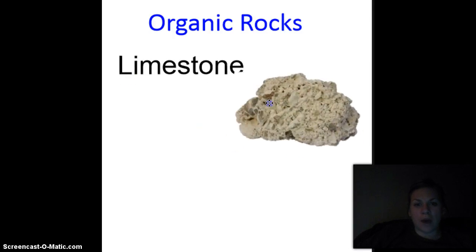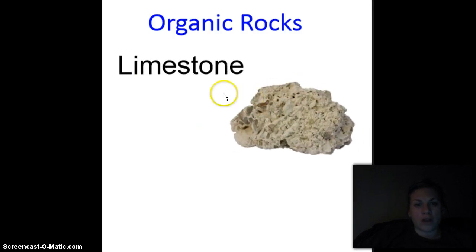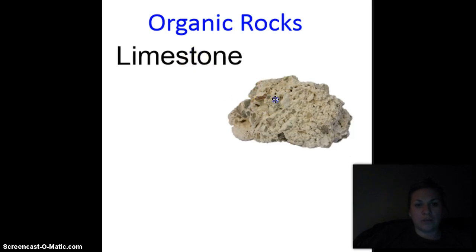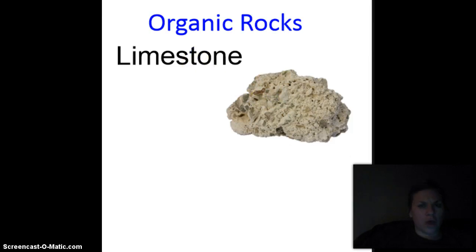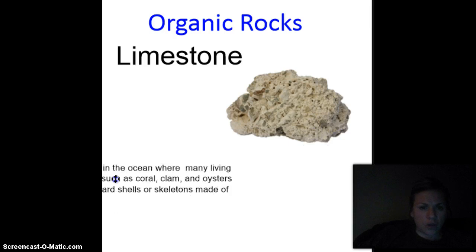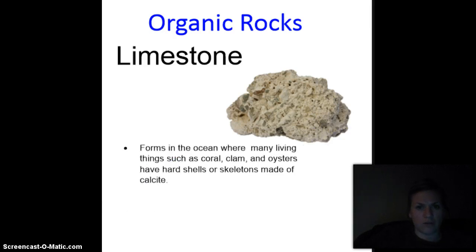Limestone is a really popular rock that is actually found in Kansas and Missouri. Now, how could that be? Because if you look at the definition of limestone and where it's found, it says that it forms in an ocean where many living things such as coral, clams, and oysters, that have hard shells or skeletons, are made of calcite. So they're basically made from the bones of ocean animals.